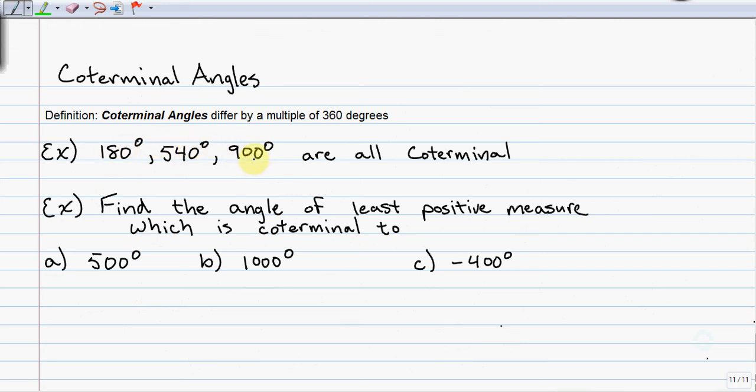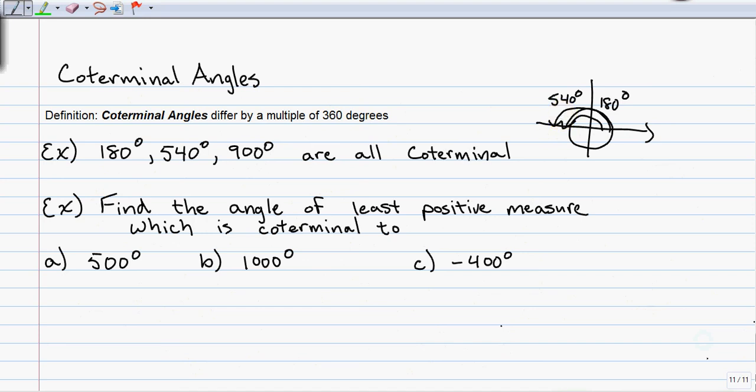So again, all these are coterminal, and basically when we draw these out, 180 degrees takes you here, whereas 540 just does one extra rotation and then lands in the same exact place. So they look like the same angle, except one just rotates an extra time around. And 900 would rotate twice around and then again land at the 180 degree position.